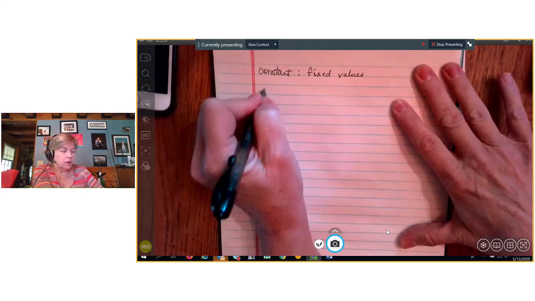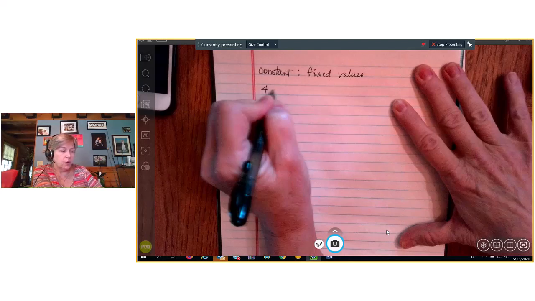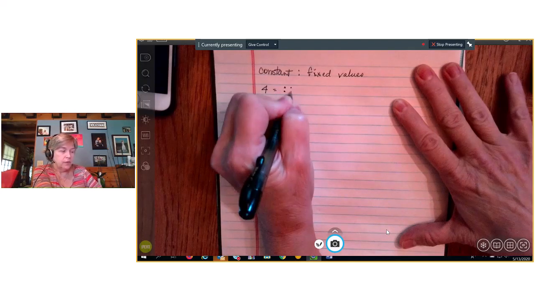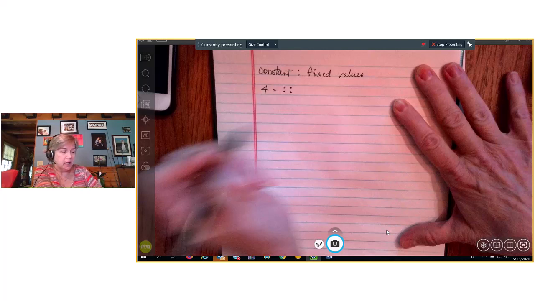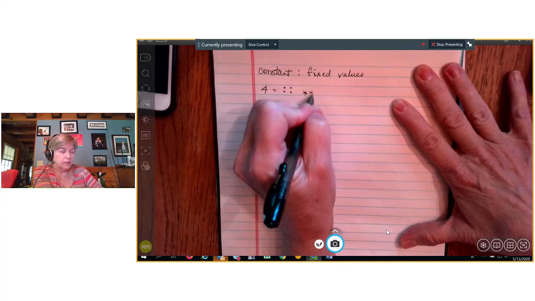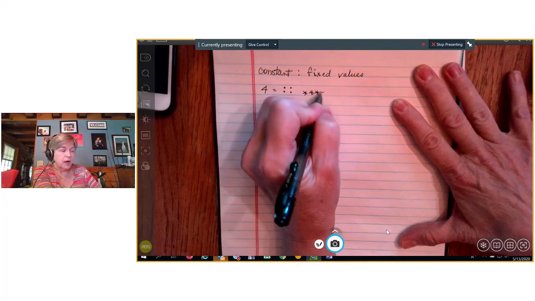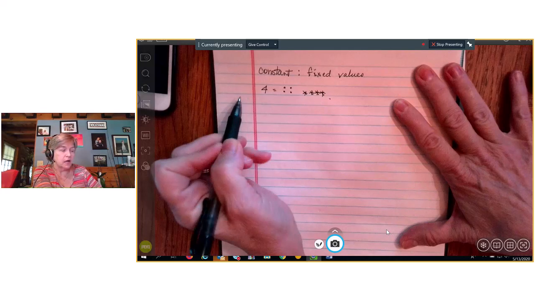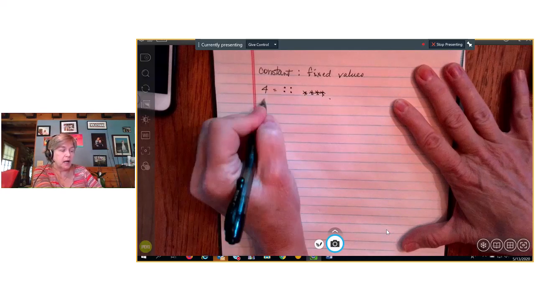So a 4 is going to equal 4 no matter how many different ways we do 4. So I have 4 stars, I have 4 dots, and also the symbol pi.